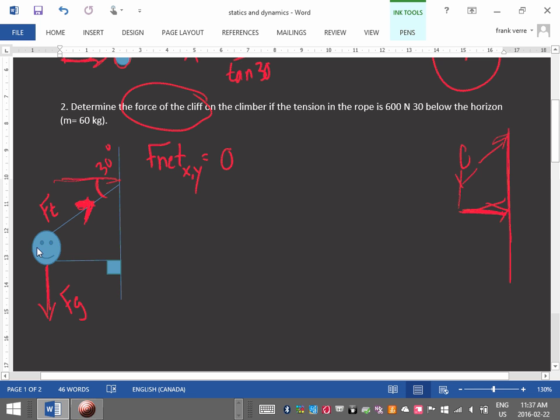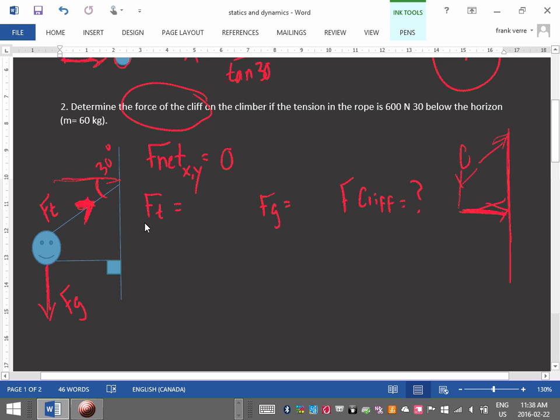So this is what we're going to do. We're going to figure out what the forces are before we figure out the force of the cliff. So we're going to look at tension, and then we'll look at the weights, and then we'll try to figure out the cliff, because we know all three have to add up to 0.